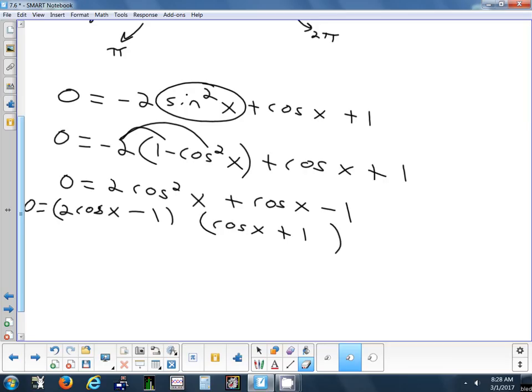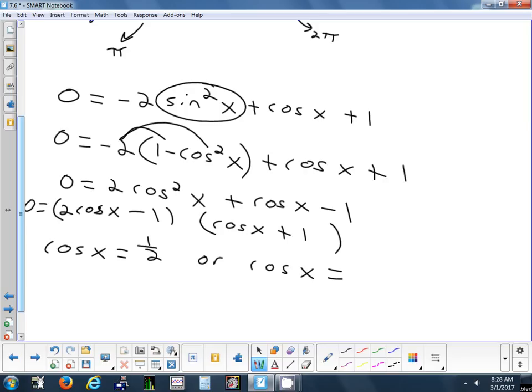So now, what do we do with each factor? Can somebody tell me when you set the one on the left equal to 0, what will cosine x equal to after you move all the numbers? 1/2. And let's do the other one. What will cosine x equal there? -1.